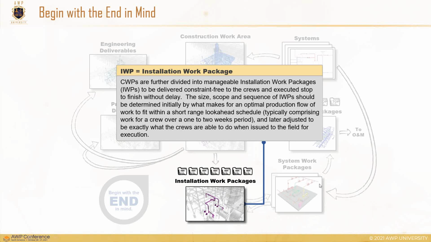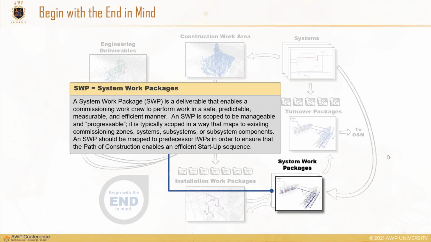But all that being said, the execution of the IWPs is now heavily affected by system work packages. And system work packages are considered very early on, tied to the turnover systems, tied to the turnover packages and to the systems themselves. Those system work packages are subsets of how we would want to turn over individual pieces, or multiples of these will create a turnover package itself.